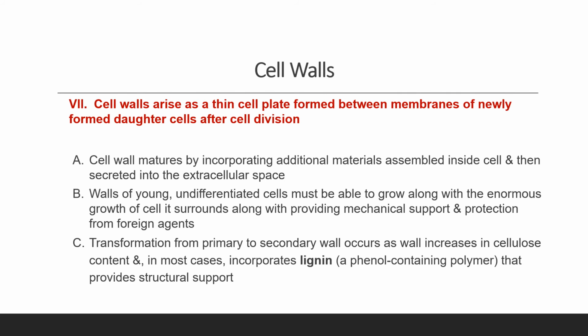Walls of young, undifferentiated cells must be able to grow along with the enormous growth of the cell they surround, while providing mechanical support and protection from foreign agents. The transformation from primary to secondary wall occurs as the wall increases in cellulose content and in most cases incorporates lignin. Lignin is a phenol-containing polymer that provides structural support.